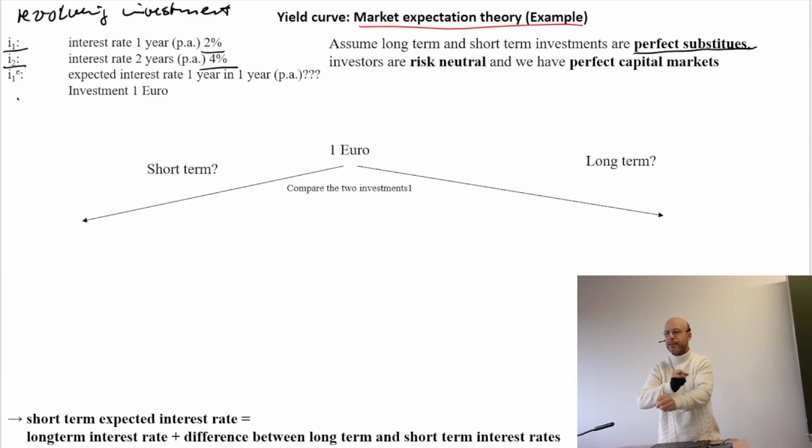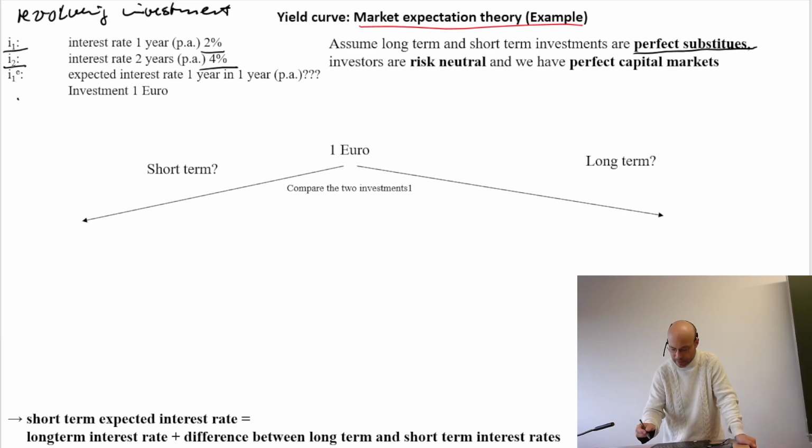I can just, from a utility perspective, interchange these goods. Of course, long-term and short-term investments are different goods. In practice, they will not be perfect substitutes, but right now we just think of it that we don't care that we have here a short-term investment and a longer-term investment.